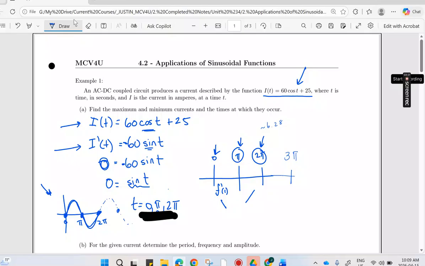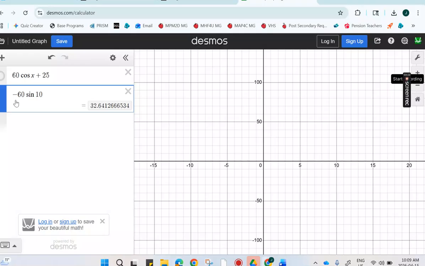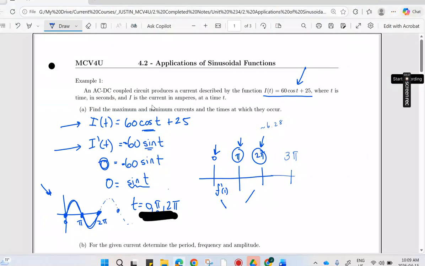So I'm going to choose a number between 6.28 and 9. Let's say 7, which gives me a negative value, which makes sense because then I know it's decreasing. So at pi we have a local minimum, and at 2 pi we have a local maximum.